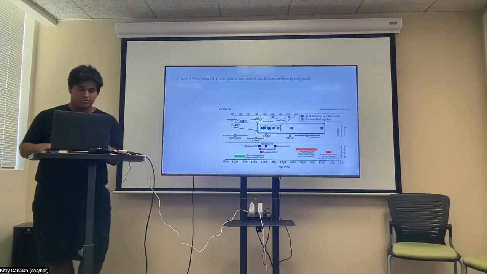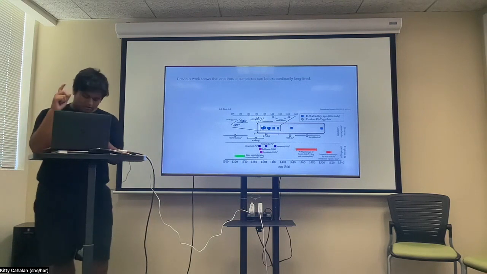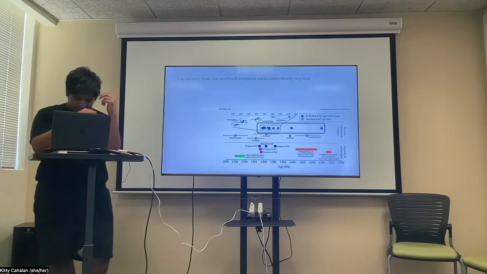Previous work shows that anorthosite complexes can be extraordinarily long-lived. This image is from an anorthosite complex in West Africa. These researchers measured uranium and lead in zircon crystals to determine their age. Zircon, by the way, is a mineral considered the gold standard of radiometric dating.